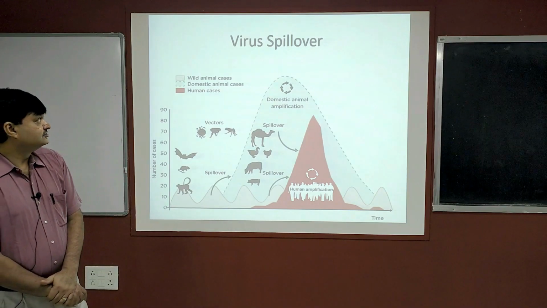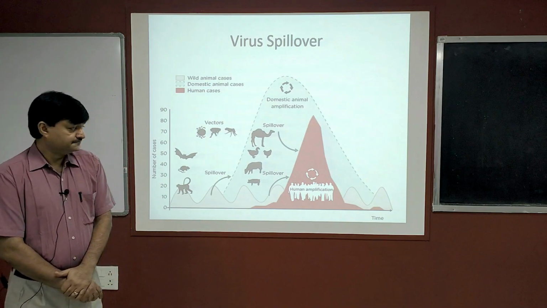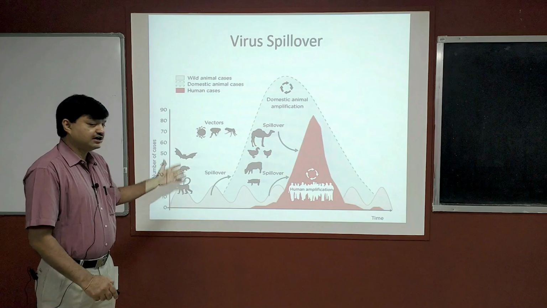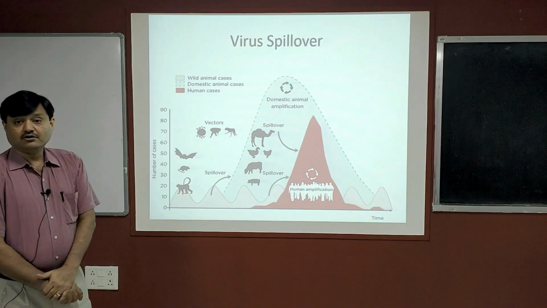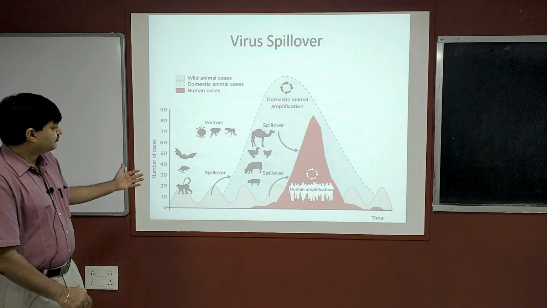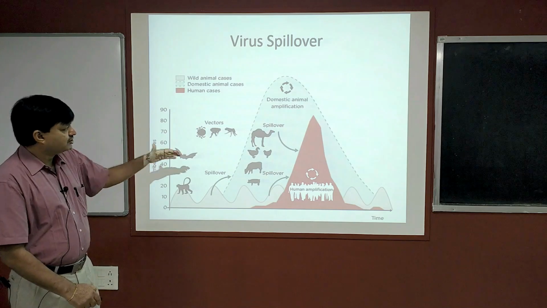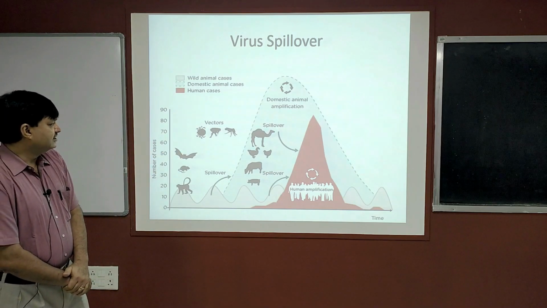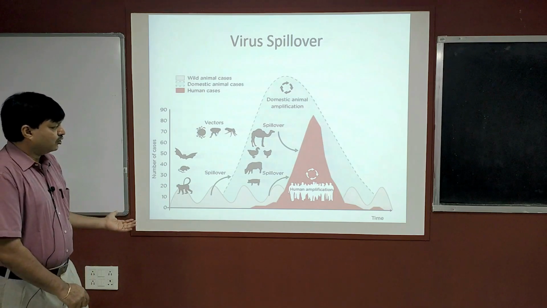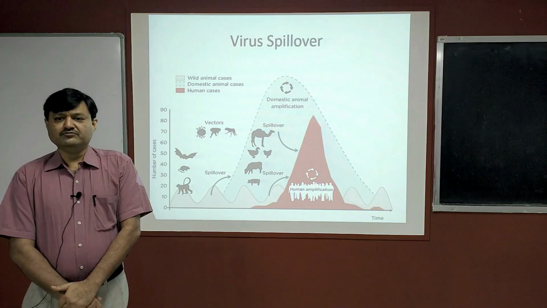So what happens is a phenomenon which is called virus spillover. The viruses which are prevalent in the wild environment, in wild animals, with the help of vectors, spill over to the domestic animals. And from domestic animals, there is one more spillover which will ultimately target human beings.